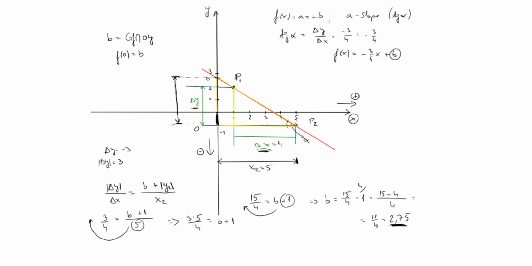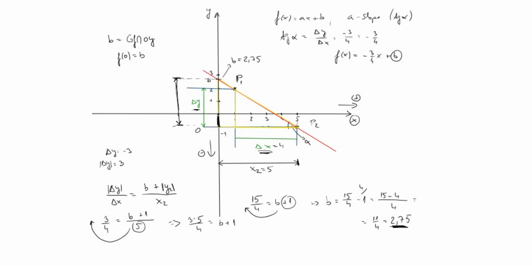Okay, so b equals 2.75. Okay, now let's go to the next page and try to write out the function.